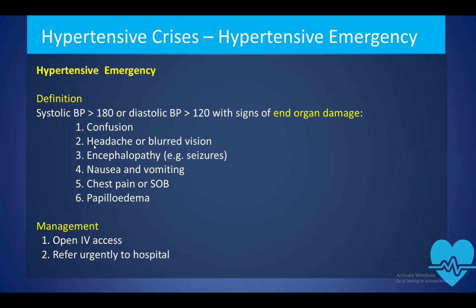Confusion, headache, blurred vision, encephalopathy, for example, seizures, nausea, vomiting, chest pain, shortness of breath, or papilloedema. If you are working as a general practitioner in primary care, open IV access and refer the patient urgently to the hospital because it is a medical emergency.